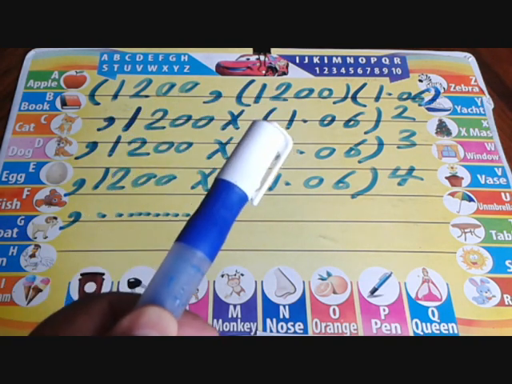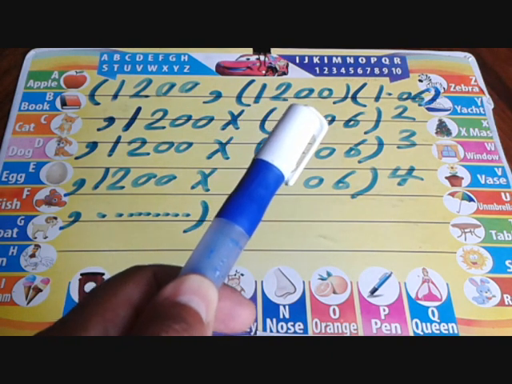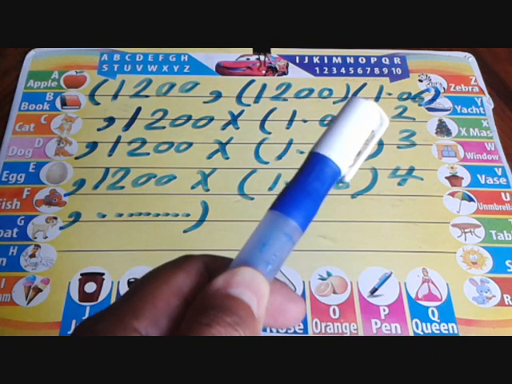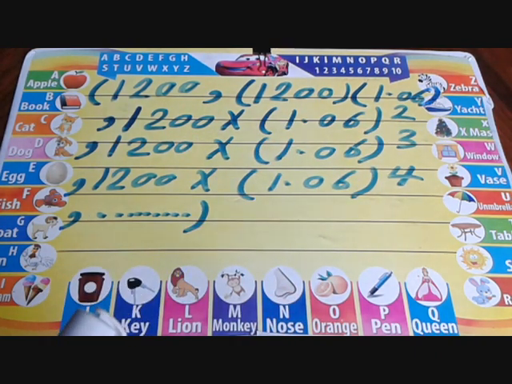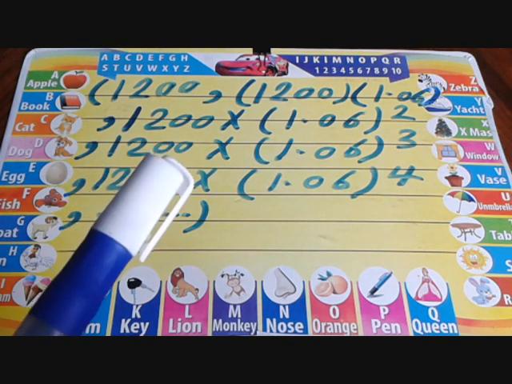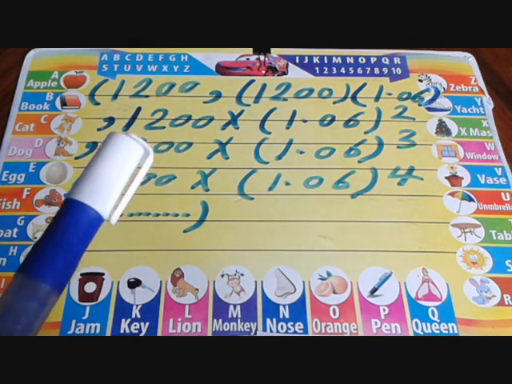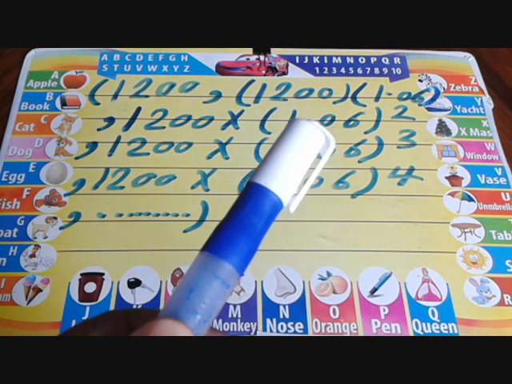The second term, 1,200 times 1.06, according to the given 6%. The third term is 1,200 times 1.06 power 2.